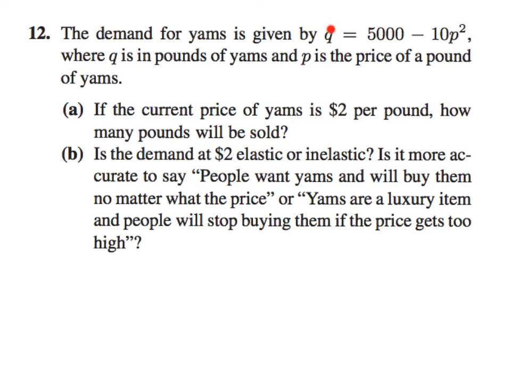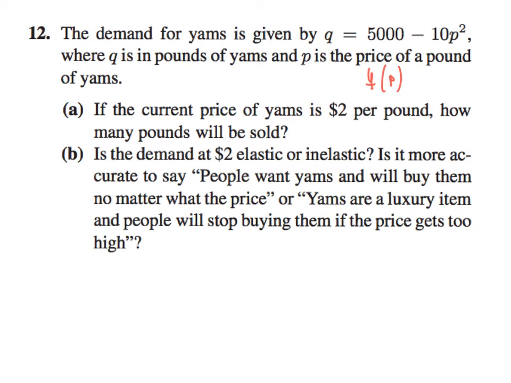So always think of Q now as Q of P. It's a function of P, given by this function, 5,000 minus 10 P squared, where Q is in pounds of yams and P is the price of a pound of yams. Now, part A is rather easy because it says if the current price of yams is $2 per pound, how many pounds will be sold?